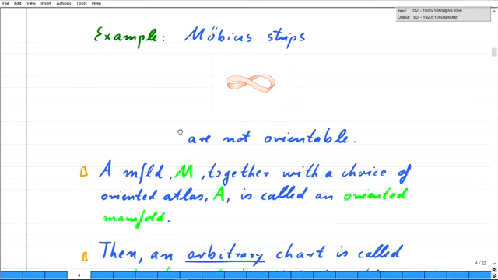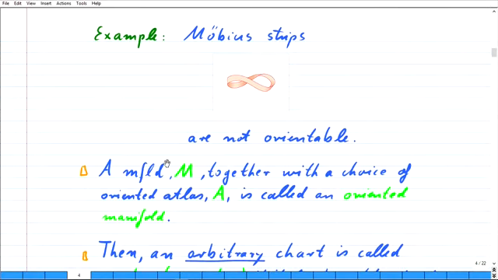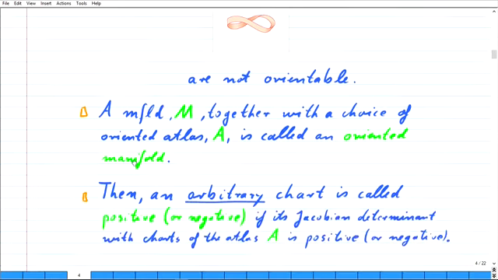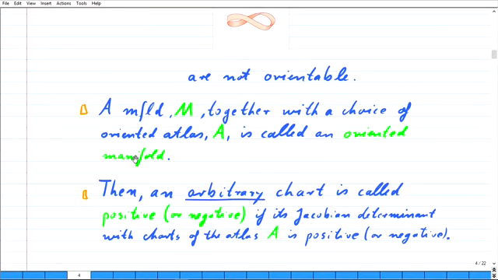This is not trivial. They don't always possess an oriented atlas. For example, a Möbius strip, Möbius strips are not orientable. This thing has only one side. A manifold M together with a choice of oriented atlas is called an oriented manifold. And then an arbitrary chart is called positive or negative with respect to this orientation of the manifold if its Jacobian determinant with respect to the charts of the atlas is positive or negative.